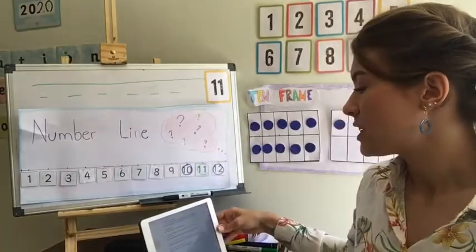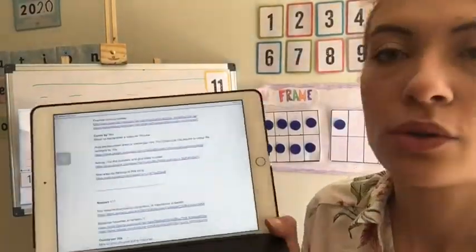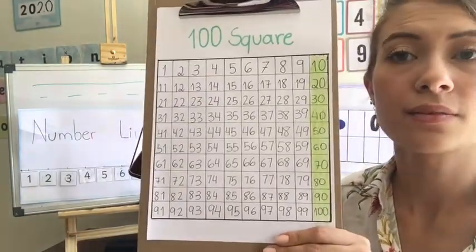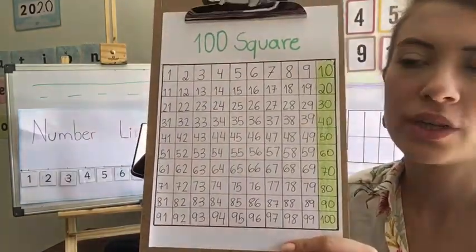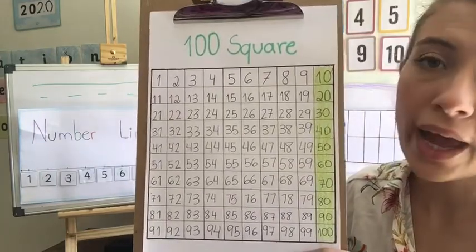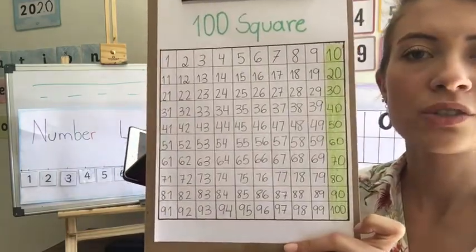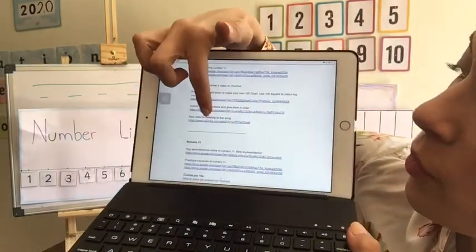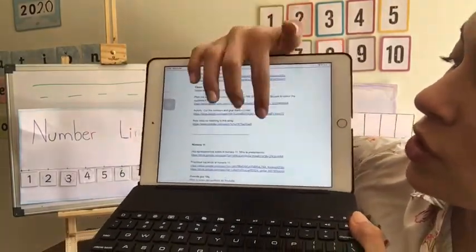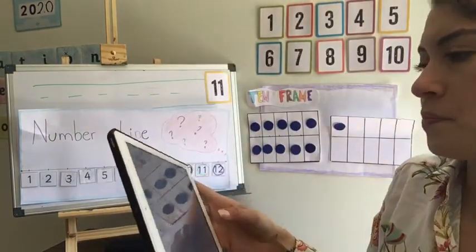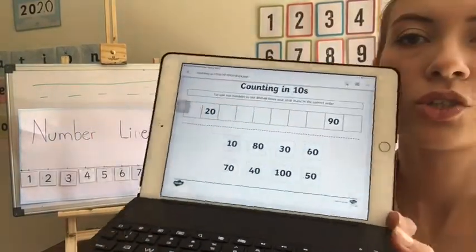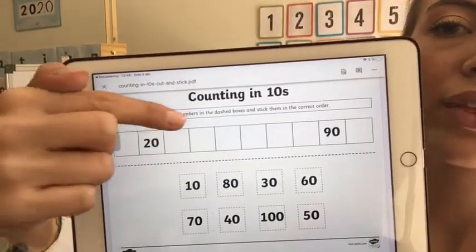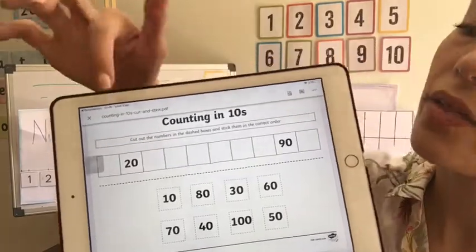To finish this activity, well, we already colored here the tens, 10, 20, 30, 40. It's an easy way to count until 100, and you are going to cut the numbers here and organize these numbers on this line over here.